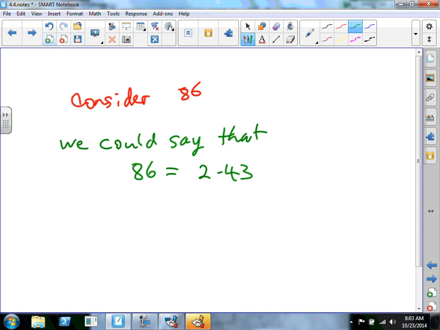That's kind of what we're going to be doing when we factor something. Because factoring is dividing, 86 has factors of 2 and 43, and their product is 86. So that's all we're doing when we're factoring. Now, we could also say that 86 is something else. Maybe it's negative 2 times negative 43.